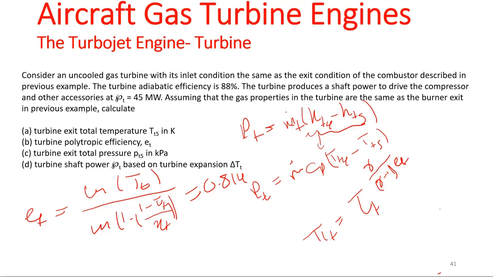Just plug in the values, you get the pressure ratio. And this pressure ratio is, what do you think? No, you have to elaborate on your guess. It cannot be just a guess.